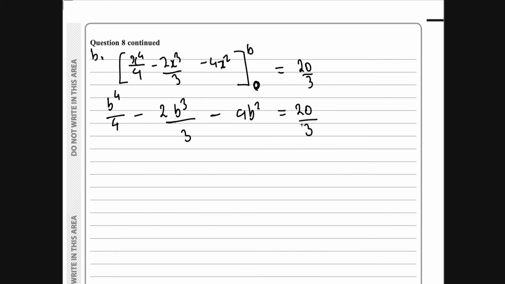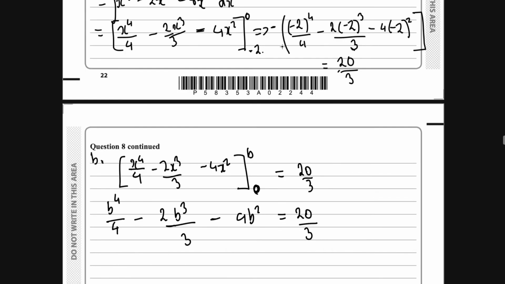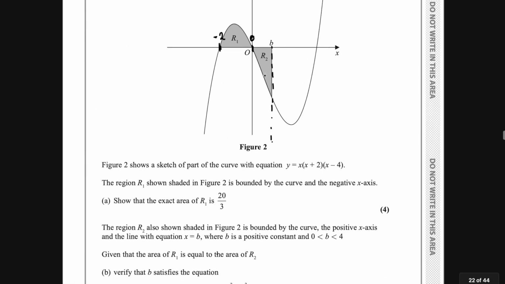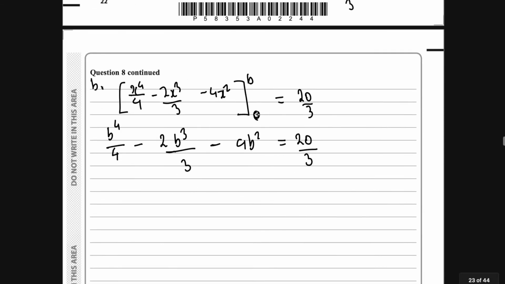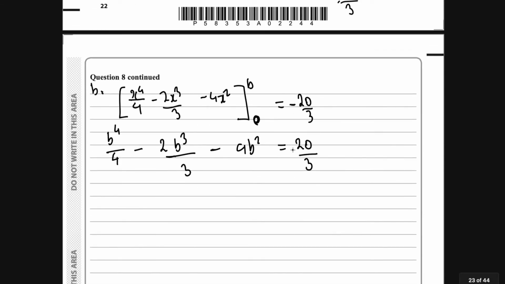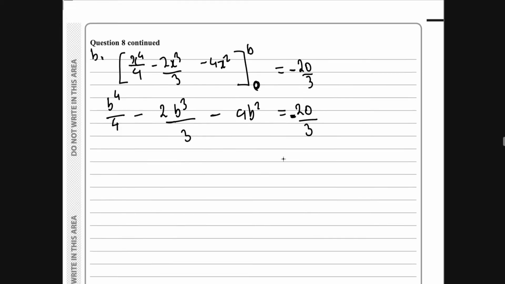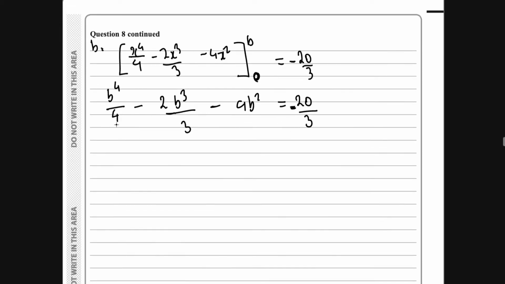Now, one important thing to understand is that since this is below the x-axis, we're going to be getting a negative 20 over 3. And that does change the answer. Now, in order to get rid of these fractions, what I'm going to be doing is timesing all of these terms.